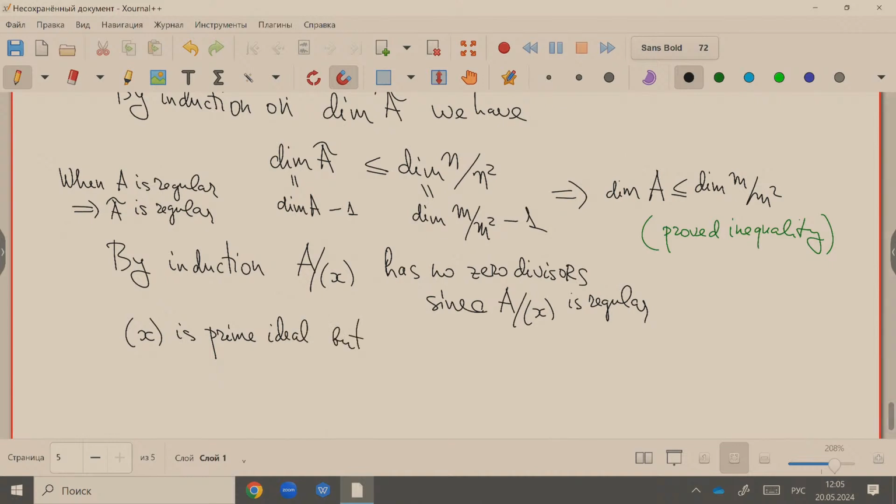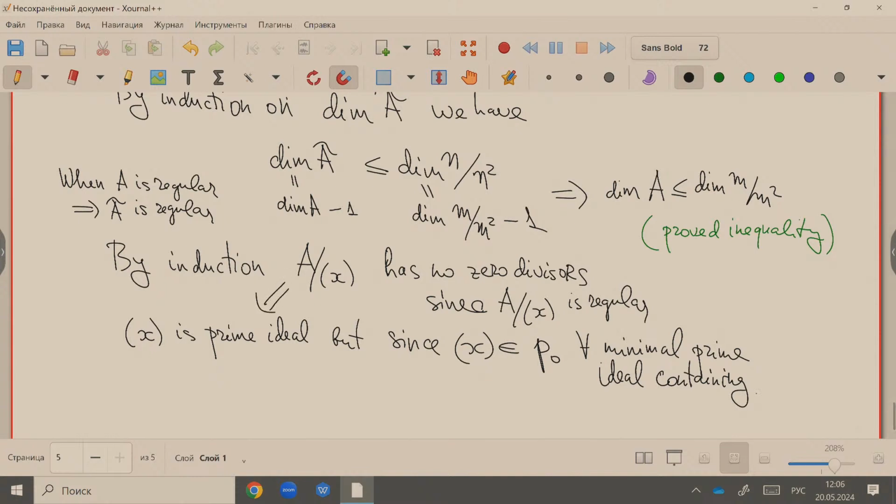But since X is not in any minimal prime ideal containing 0, since A mod X is a domain, X is itself a prime ideal.